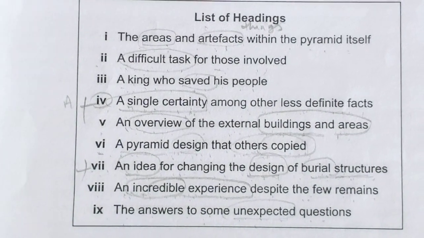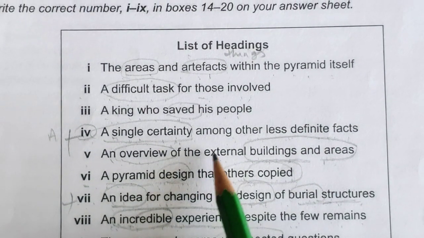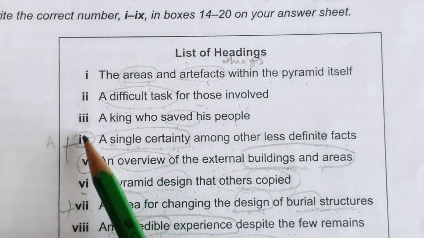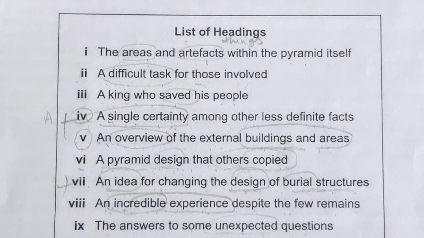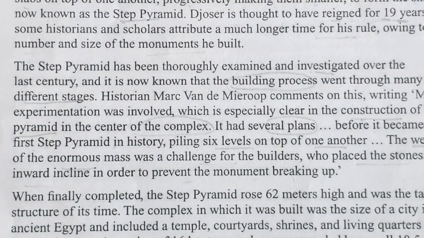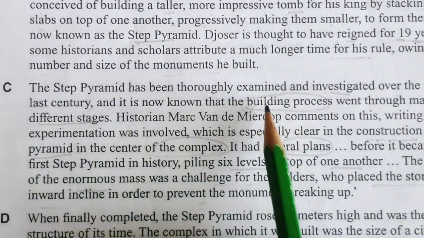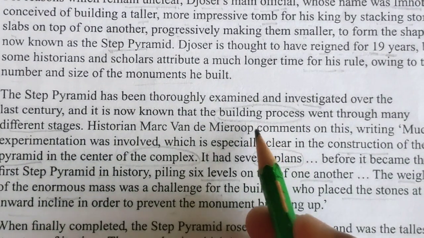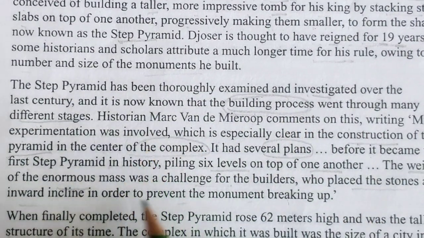So let's read it again. According to me, I am confused between this and this only. Let's read it again to see if it really matches. Thus has been thoroughly examined and investigated last century, the building process went through many stages. Oh my god, they are talking about the building process, not the whole building complex.